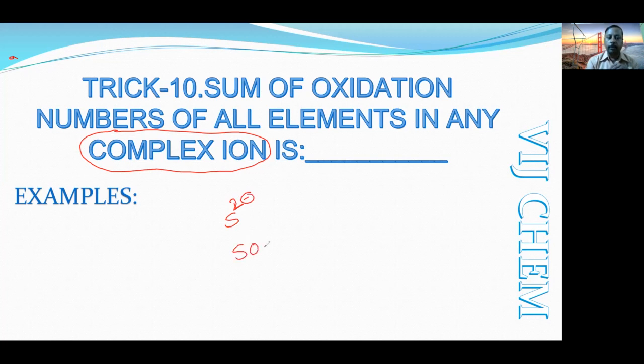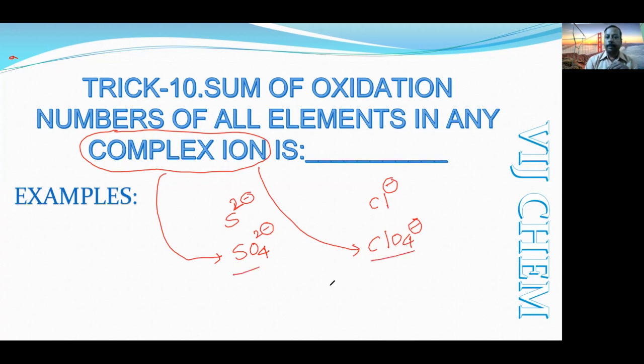If I write SO4 2 minus, then it will be a complex ion. If I write Cl minus, then it will be an elementary ion. But if I write ClO4 minus, then it is called a complex ion. These are the differences between the elementary ion and the complex ion.